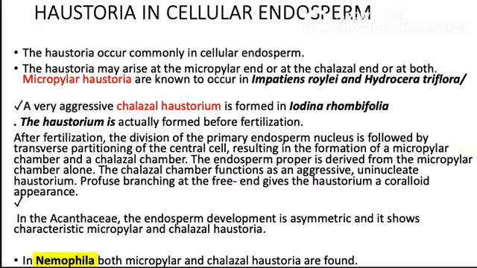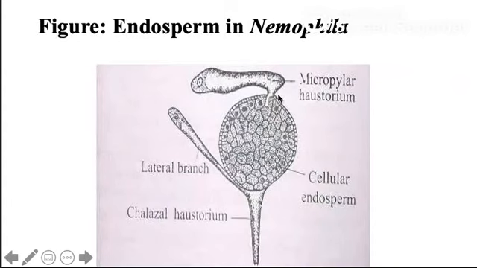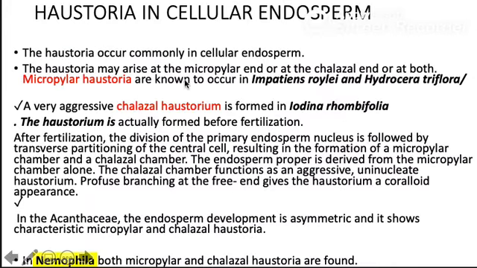So in this picture, in Nemophila you have haustoria which arise from the micropylar region, and another haustoria arising from the chalazal region. Sorry, this is the chalazal haustorium. So those are the different types of haustoria which are found in the cellular type of endosperm.